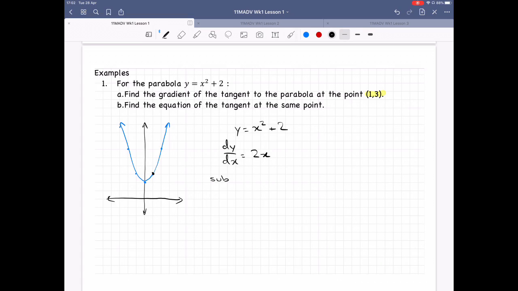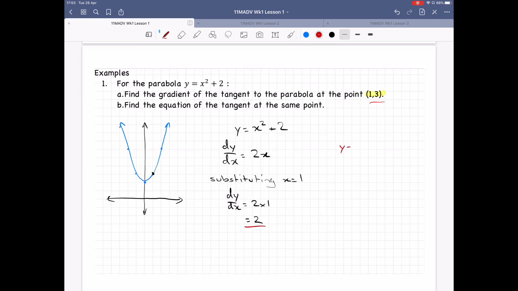So substituting x equals 1 in, because that's our x value for our point, we know that our dy/dx, or our gradient, is going to be equal to 2 times 1, which is 2. So we have our point and we have our value for our gradient. So that means to find the equation of the tangent, all we need to do is substitute our values in.